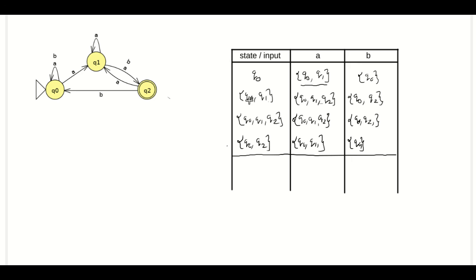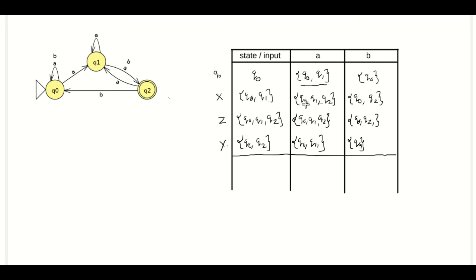Now we can draw the DFA. From Q0 Q1 on A, it is going to state Q0 Q1 Q2. From Q0 Q1 on B, the automaton is going to state Q0 Q2. For notation purposes, we will represent these states with names: Q0 as q0, Q0 Q1 as x, Q0 Q1 Q2 as z, and Q0 Q2 as y.